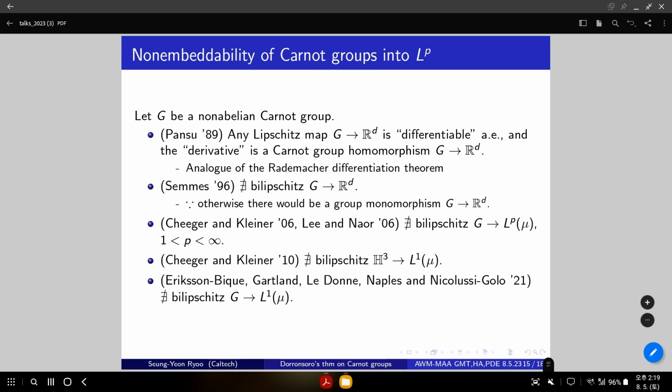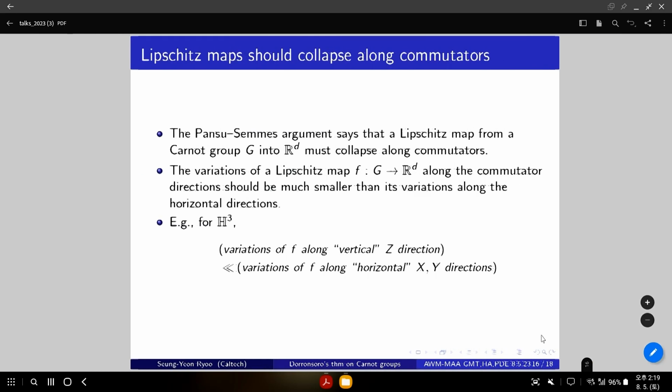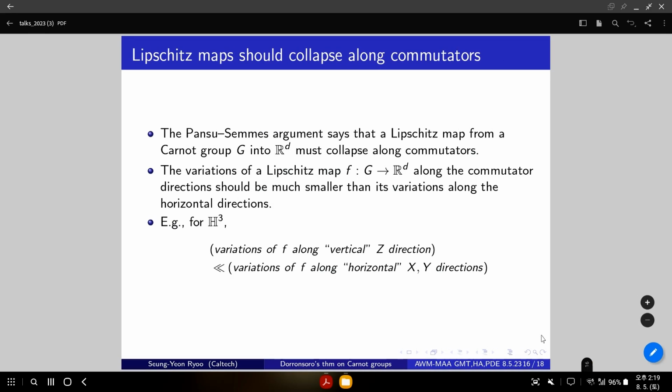But one thing you can ask is whether you can get quantitative versions of these statements. Even if it's not embeddable into LP, suppose you take a large enough subset of the Carnot group and ask how much it distorts into LP.